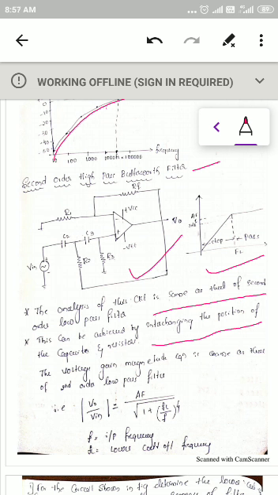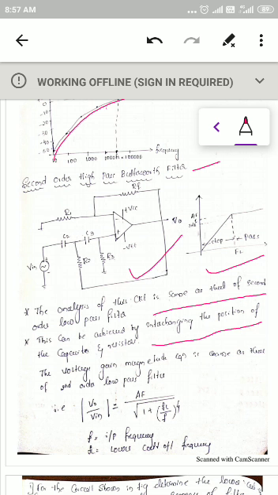That is why the derivation will be the same as that of the second order low pass Butterworth filter, so I am not giving the derivations once again.